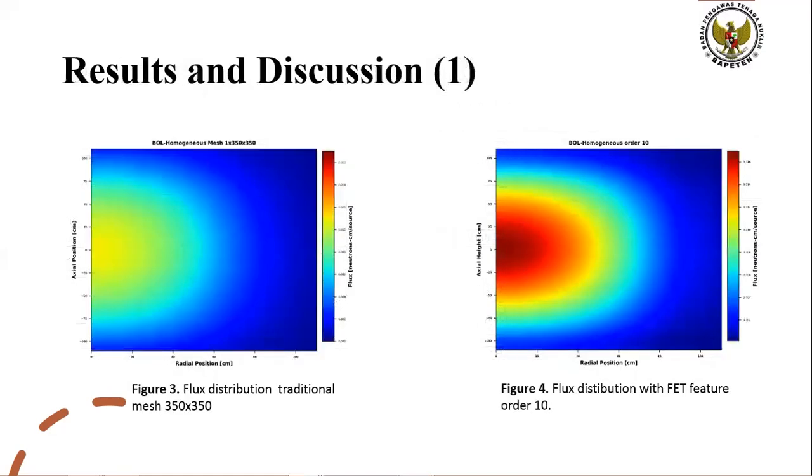Result and discussion. Figure 3 and Figure 4 show the comparison of axial and radial flux distribution between traditional mesh 350 by 350 and functional expansion feature order 10. From this figure, we understand that the radial and axial Zernike polynomial in functional expansion tally gives a smoother flux distribution and is better tailored than the traditional mesh tally.